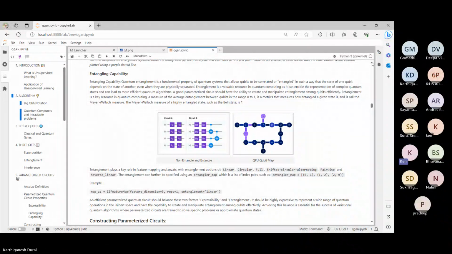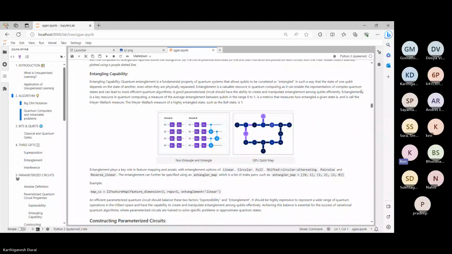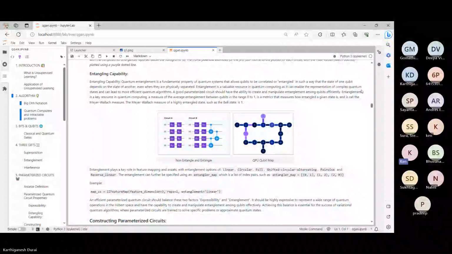And a note on entanglement capabilities. The QPU qubit map here shows the arrangement of the qubits on the quantum processor. Looking at it, we could see that qubit 0 and qubit 15, I think that's 9, are not in any way connected with each other. They have to go through the other qubits here.